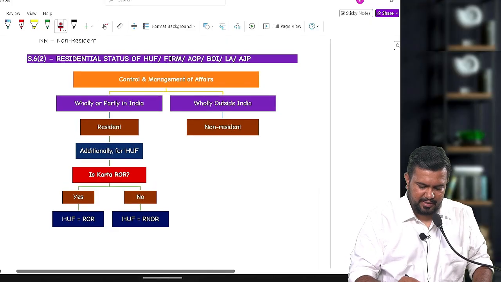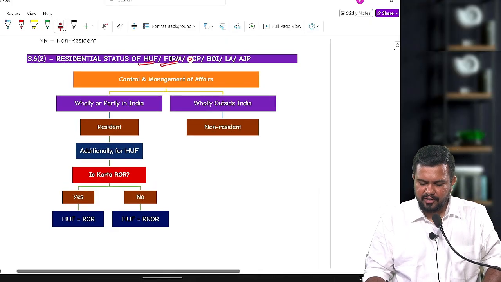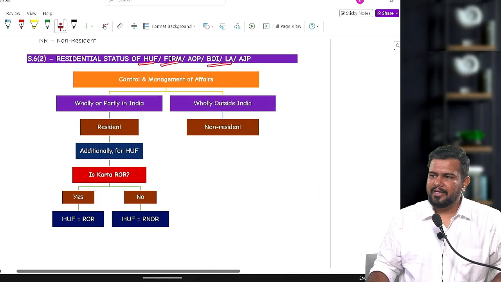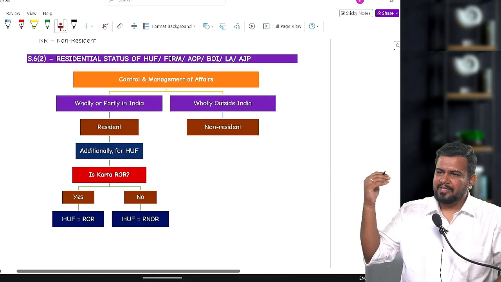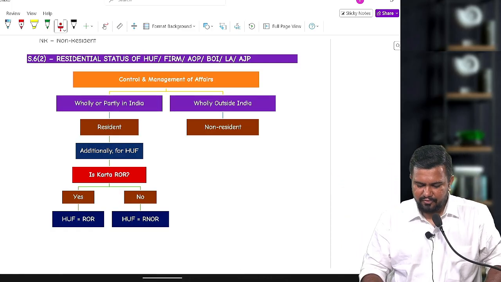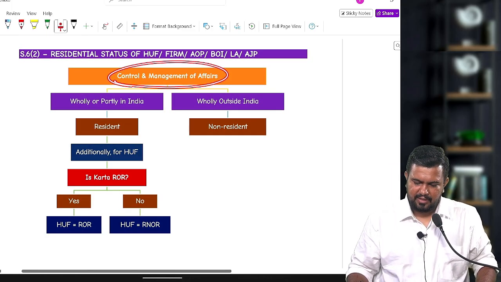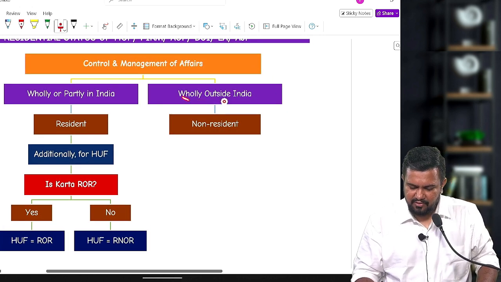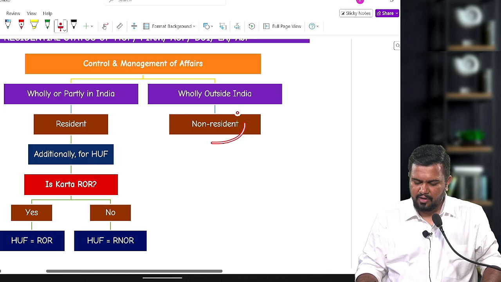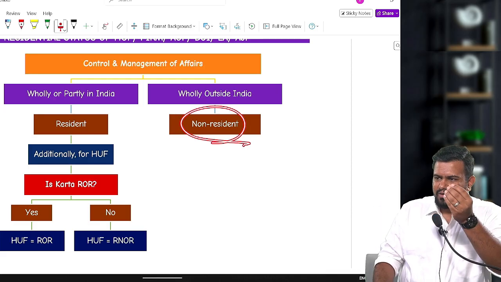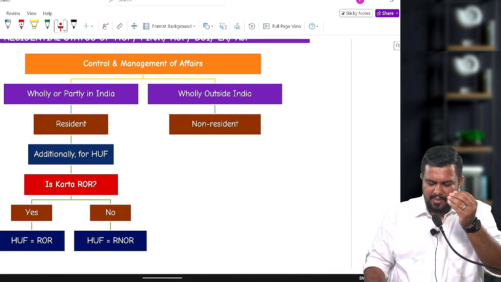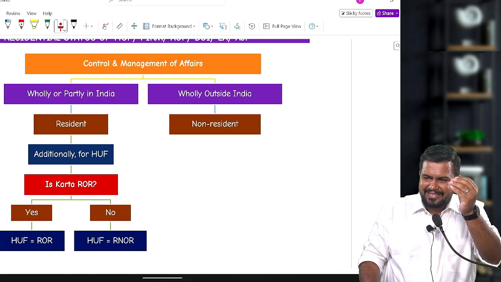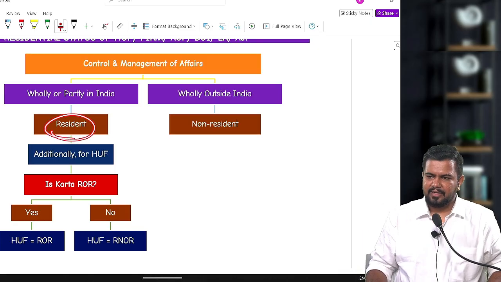Now let us quickly see the residential status of HUF, AOP, BOI, firm, local authority, AJP. So for all the other persons other than individual and company, you have to see control and management of affairs. Listen. If control and management of affairs is fully outside India, then non-resident. Even if some amount of control and management is in India, they will be called resident.